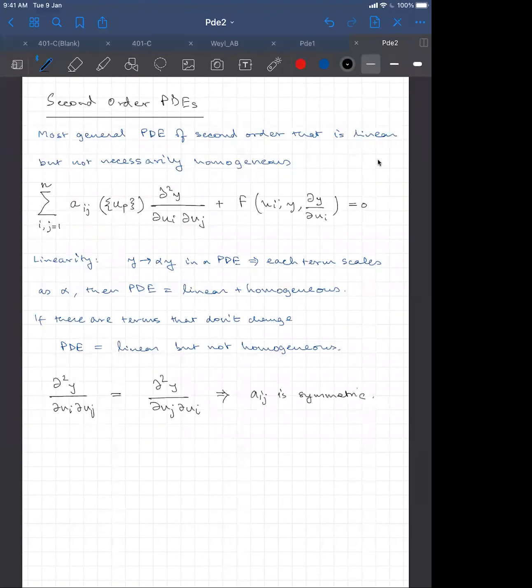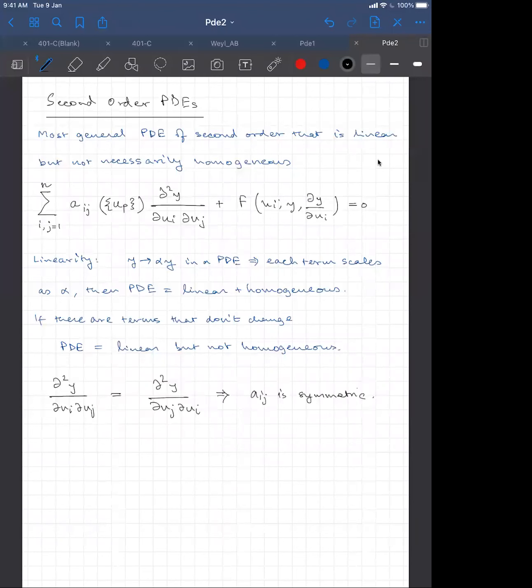As you know, if you have a symmetric term multiplying an antisymmetric term, that gives us a 0. So these coefficients aij will be symmetric. Thus, for each point, aij is a real symmetric n cross n matrix, and hence the eigenvalues of this particular matrix are going to be real.